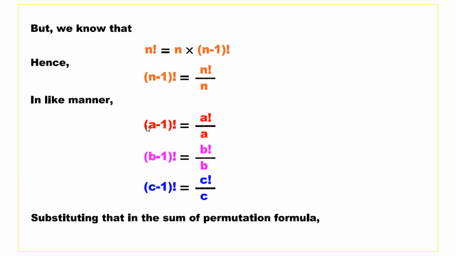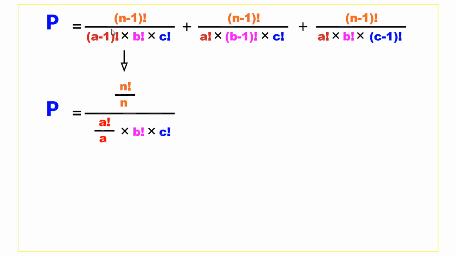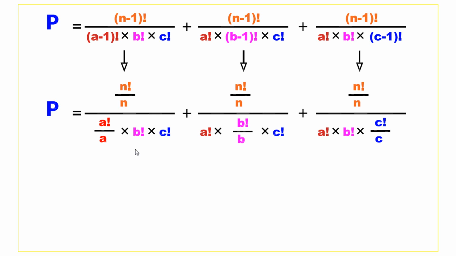We substitute now these terms in the sum of permutation formula we found before. So we replace n minus 1 factorial with n factorial divided by n, and we replace A minus 1 factorial with A factorial divided by A, and we do that for the rest of the terms.